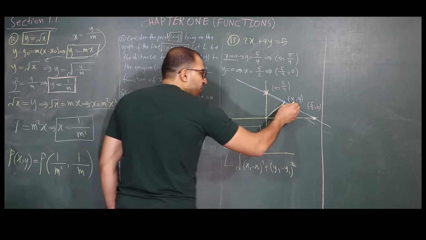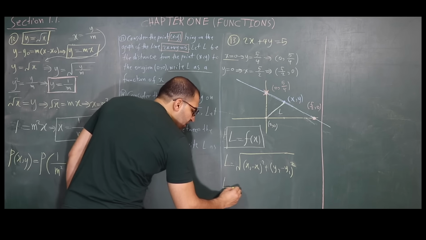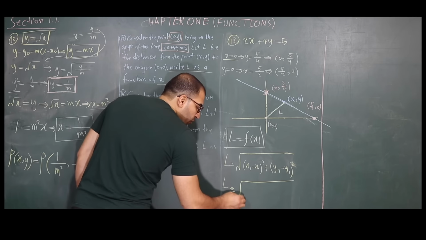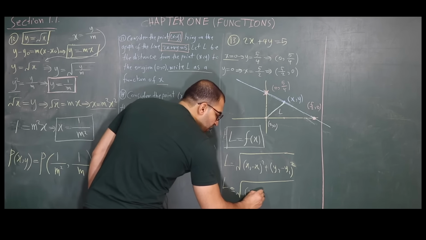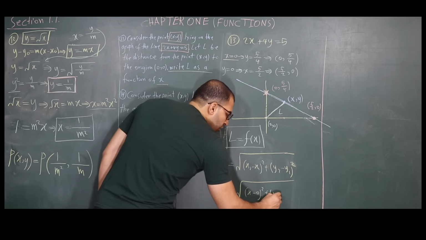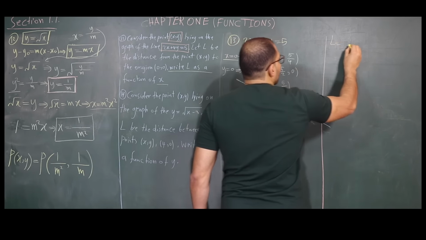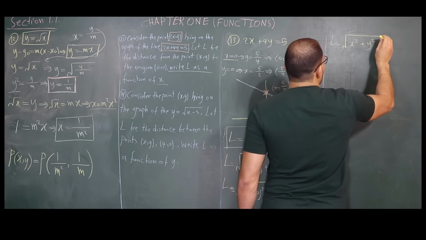So we have this point (x, y), and we have the origin, so I could write easily. This is just the formula, to make you memorize it in case you don't remember it. So (x minus 0) squared plus (y minus 0) squared. L will be the square root of x squared plus y squared.